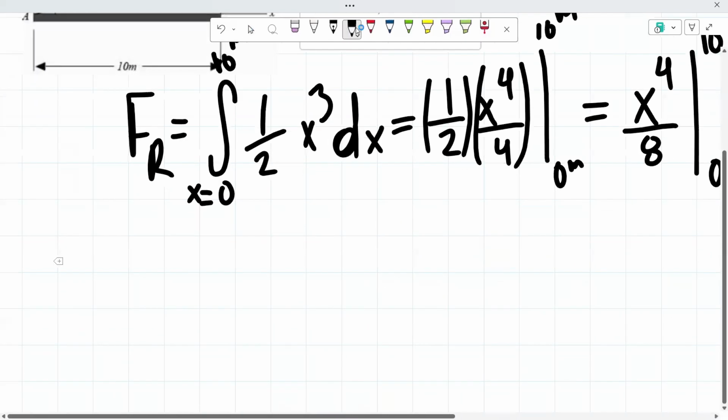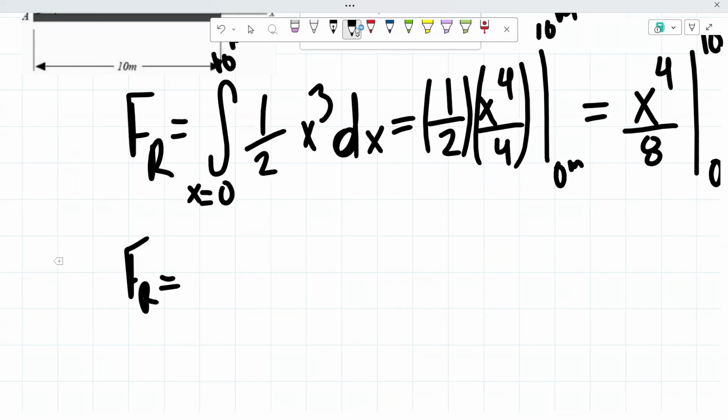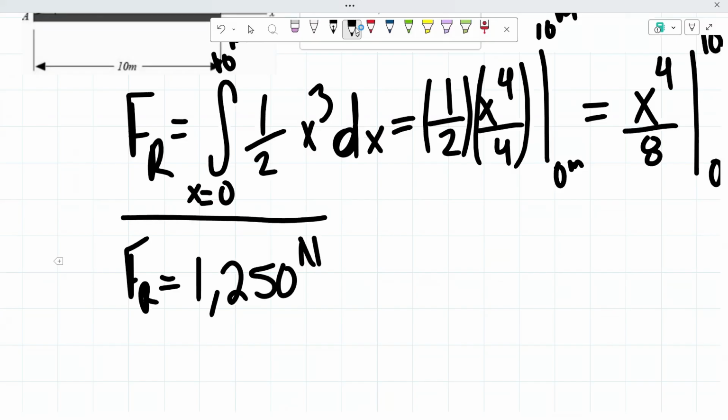So I'm just going to write it down here. Our resultant force, or that single concentrated force, has a magnitude of 1,250 newtons.